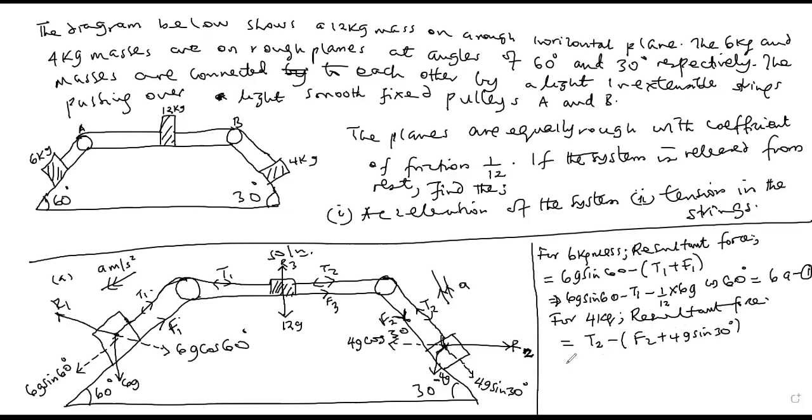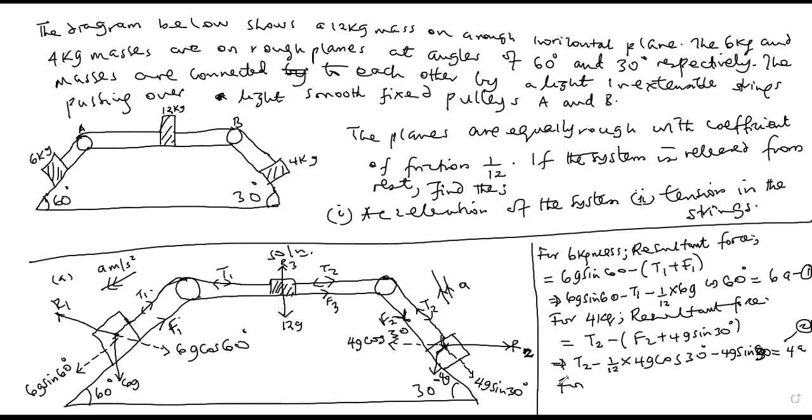When you look at this, it would imply that T2 minus mu, which is 1/12, times R2, where R2 is 4G cos 30, minus 4G sine 30, is equal to MA, which is 4 times acceleration. I call this one my equation 2.